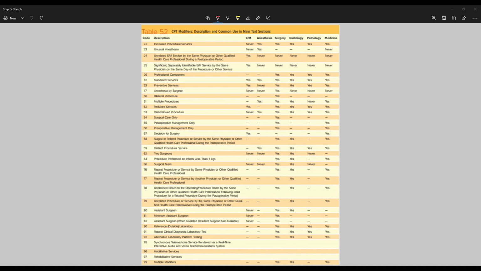Because ideally, every condition we have gets its own evaluation specific to that condition. Okay? So for every chief complaint that a patient has, we should be seeing a separate EM.